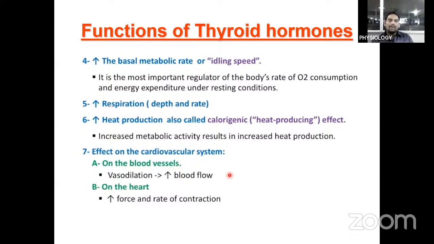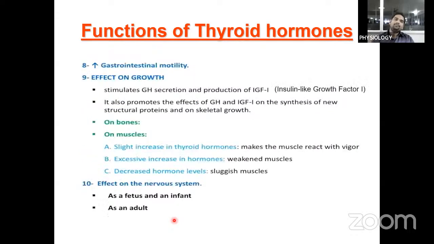By dilating your blood vessels, it will increase your blood flow. After increasing the blood flow, all the metabolic wastes are removed from your bloodstream. Automatically, the vasodilatation comes back, and now it will vasoconstrict. It will also have an effect on the heart: it will increase the force and rate of contraction. Next, it will increase gastrointestinal motility.